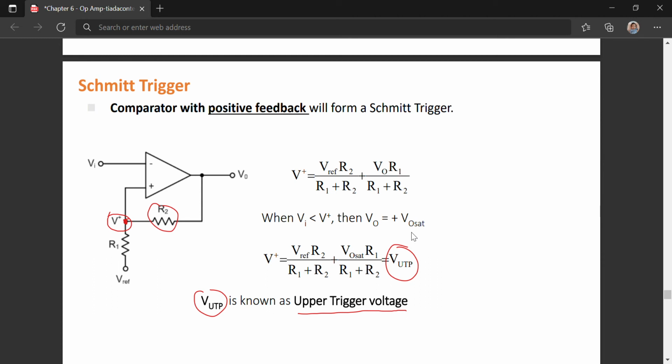So for VUTP, firstly you take the Vout. You know that your Vout will be either positive or negative, because you have a positive or negative voltage supply to your op-amp. So if you want to get the upper trigger voltage, you take a positive VO saturated.